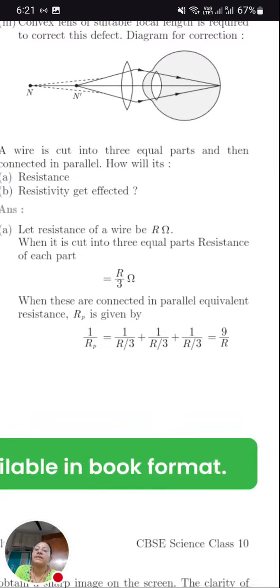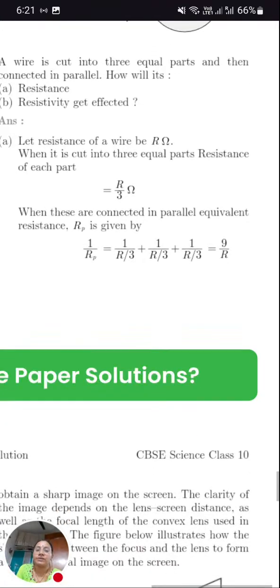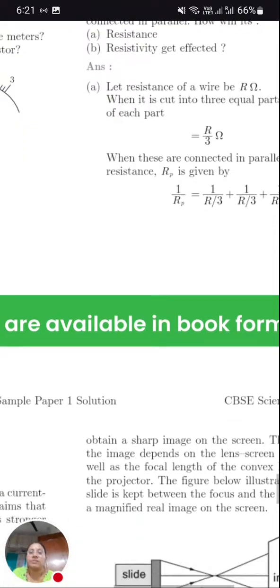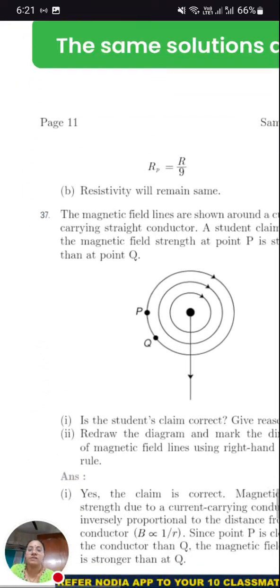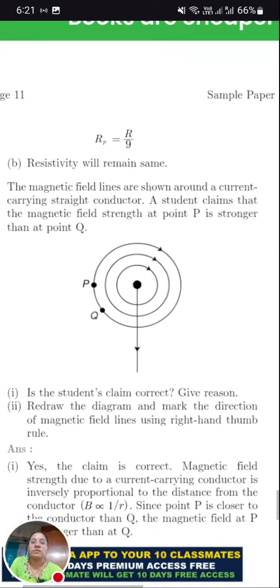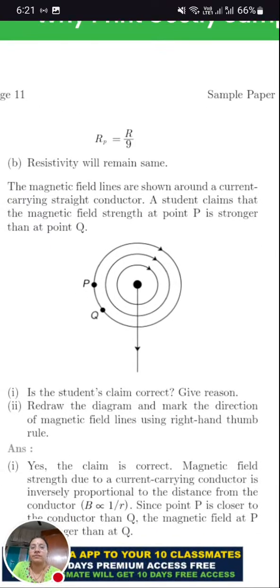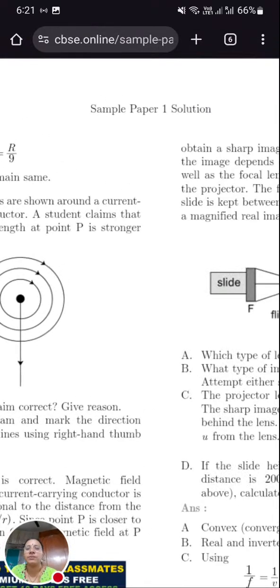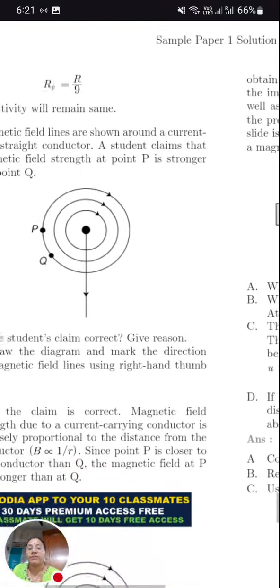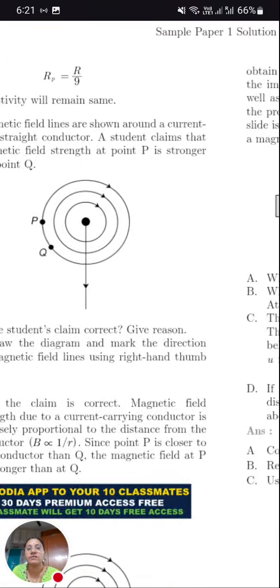The wire is being reduced to 1/3, so its resistivity will get affected. I'll explain the sum related to resistivity, how to find resistivity, in the next class. Vivek, remind me about this resistivity one, and one more I told, electron dot structure. Once you remind me, we will discuss those questions in the next class.